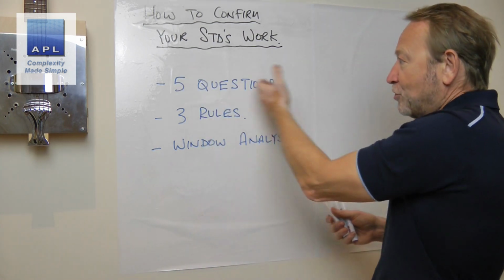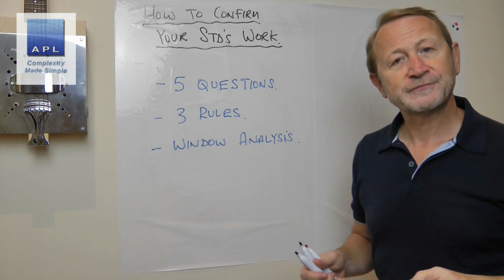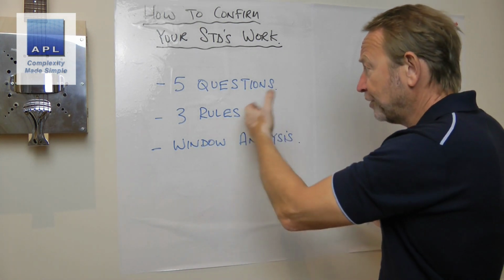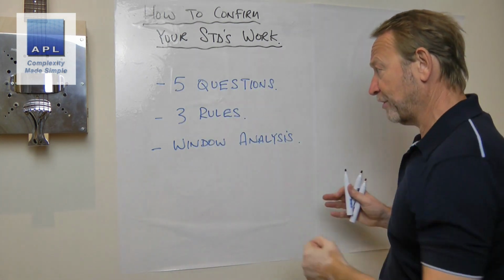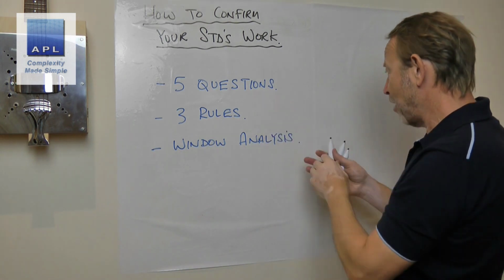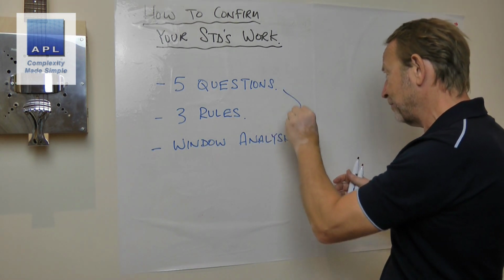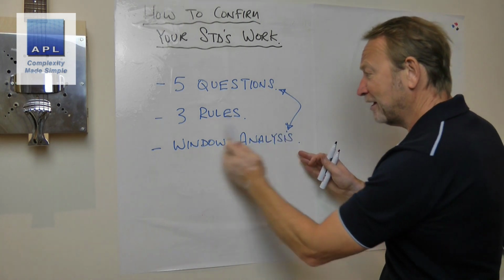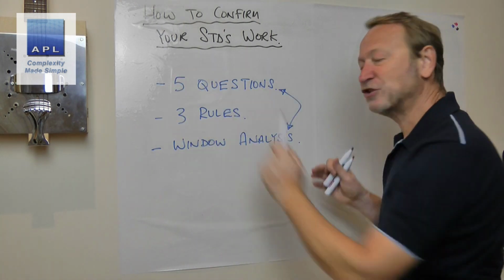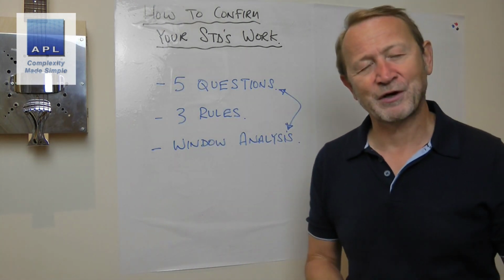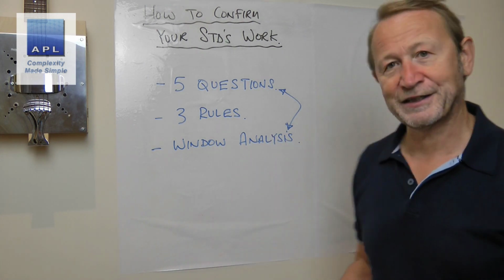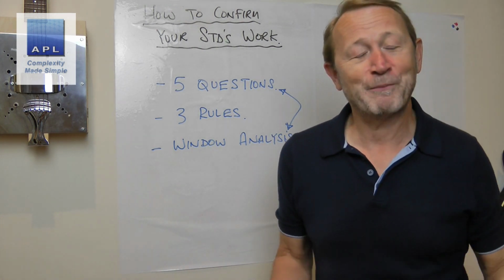But there's nothing wrong with the 5 questions. They do something slightly different to what those 3 rules do. I would say these 2 maybe are more similar. This is a bit more technical, this is a bit simpler, but anyway, we're just going to go through these 3 techniques and you could pick your weapon of choice.